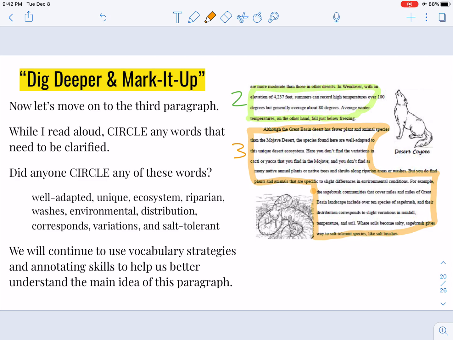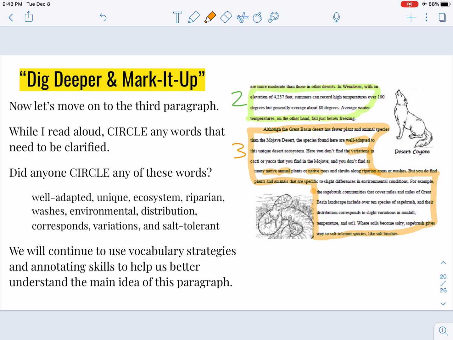Although the Great Basin Desert has fewer plants and animal species than the Mojave Desert, the species found here are well adapted to this unique desert ecosystem. Here, you don't find the variations in cacti or yucca that you find in the Mojave, and you don't find as many native annual plants or native trees and shrubs along riparian areas or washes.